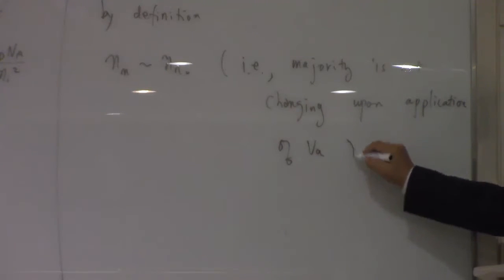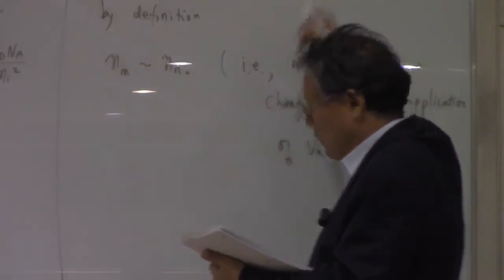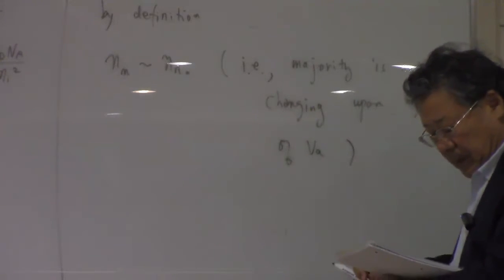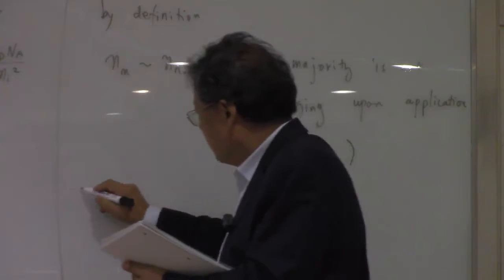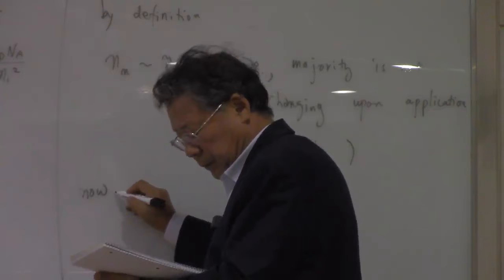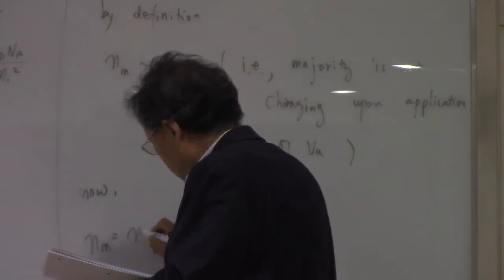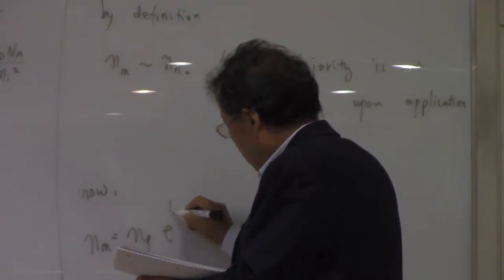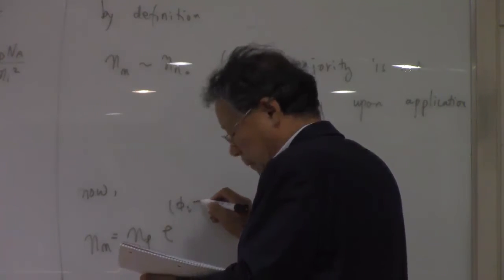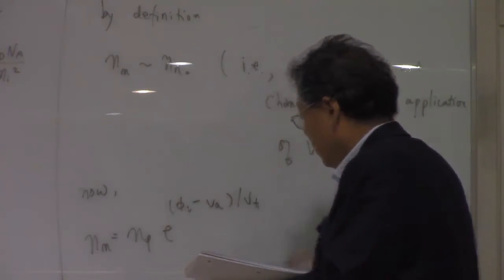Right? That is the low-level injection. Then n_p is going to be n_p0 e to the (phi_i minus Va) over Vt.